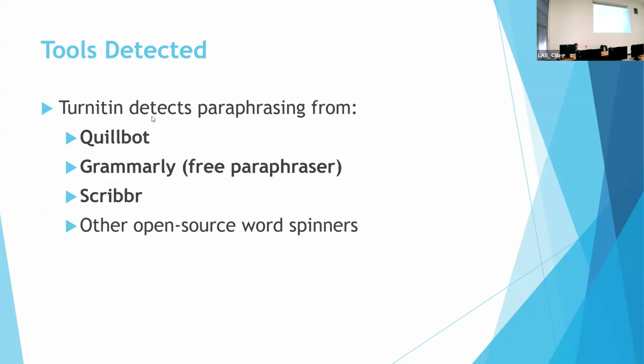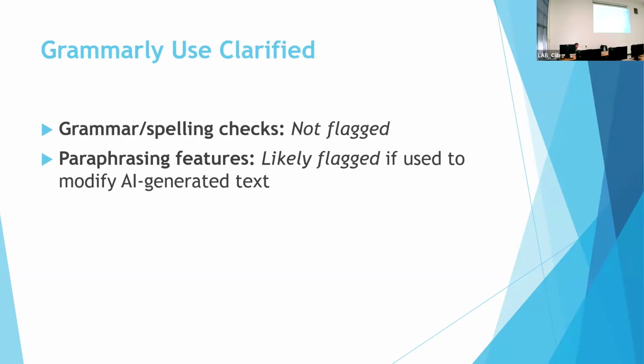But the question for me is, what about the Grammarly that I use, can Turnitin or iThenticate detect it? They have an exception. If you use Grammarly to check your spelling and grammar, you can do it with no flag.